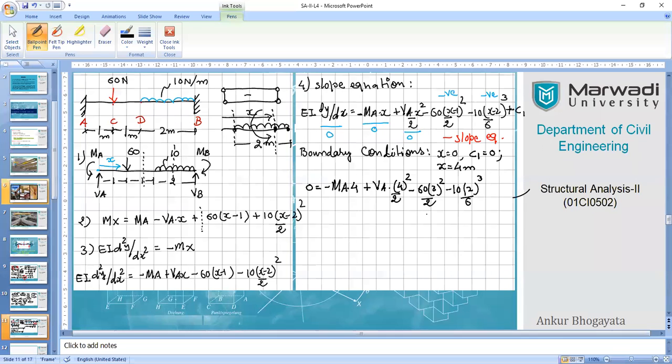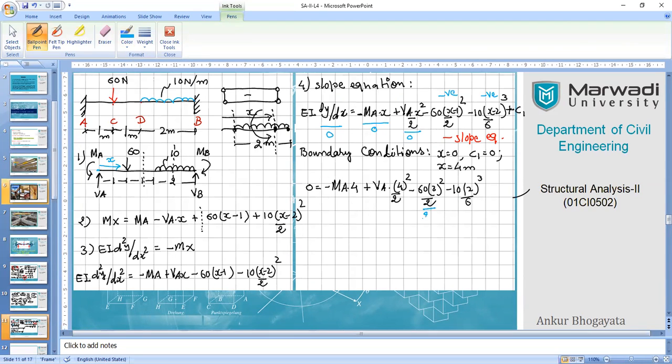So let me calculate, you also calculate. 60 into 3 square by 2 gives you 270. So I will write down 270 right over here.